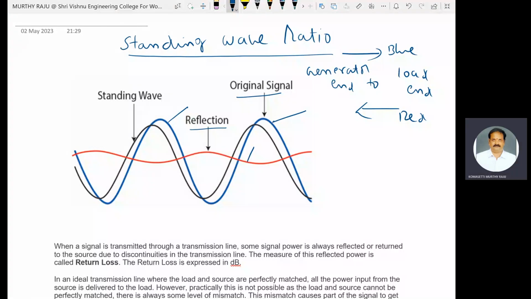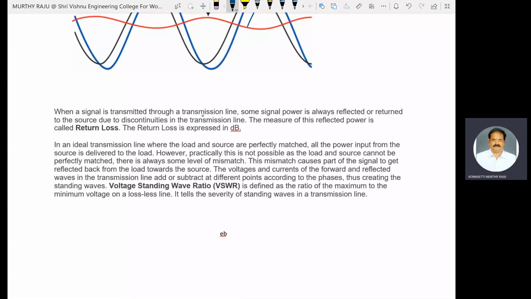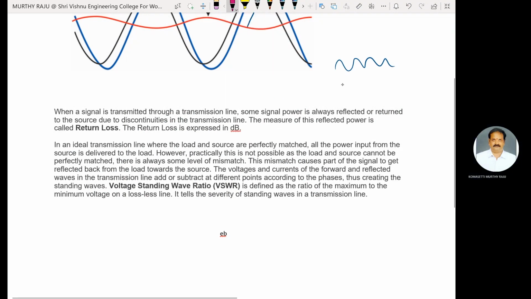When a signal is transmitted through the transmission line, some signal power is always reflected or returned to the source due to discontinuities in the transmission line. This is the incident wave indicated by blue color, and the reflected wave is represented by red color.